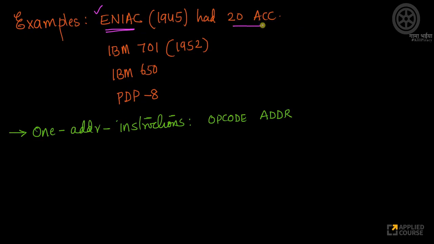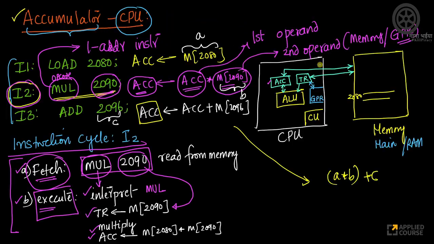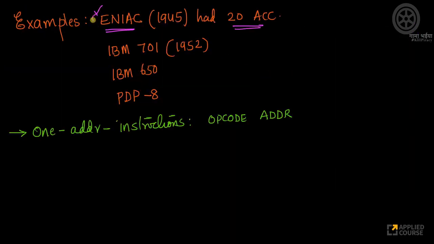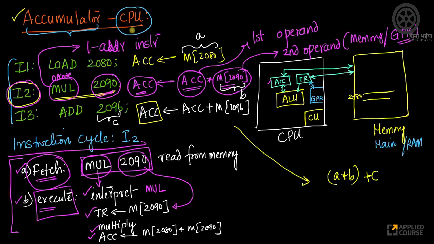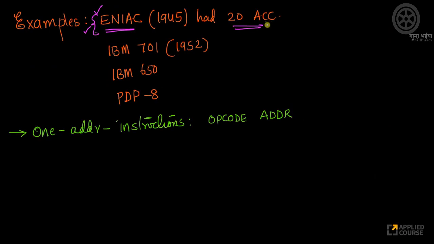It had 20 accumulators, right? What we have seen is a simplified model with just one accumulator, but I could have multiple accumulators where all the temporary results also I'm storing in the accumulators. So ENIAC was one of the very first modern computers that was built, and it was an accumulator CPU with multiple accumulators.